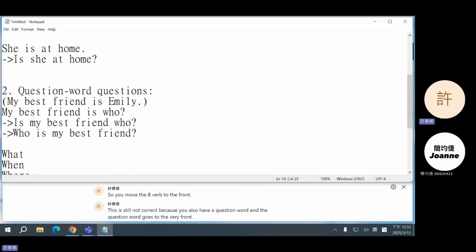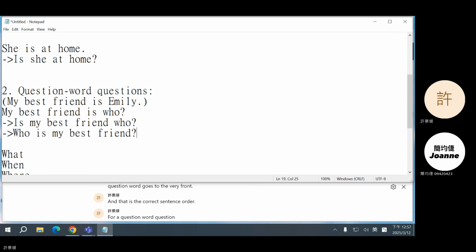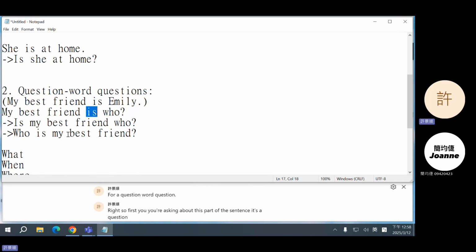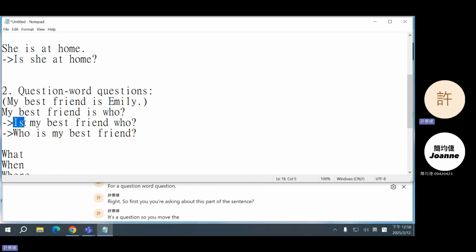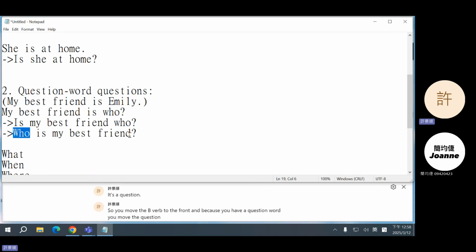And that is the correct sentence order for a question word question. Right? So first you're asking about this part of the sentence. It's a question, so you move the be verb to the front, and because you have a question word, you move the question word to the front also.